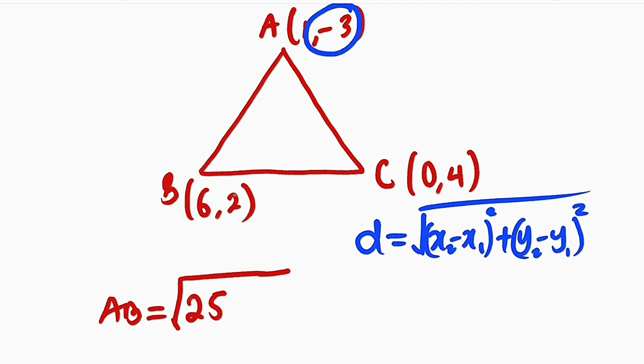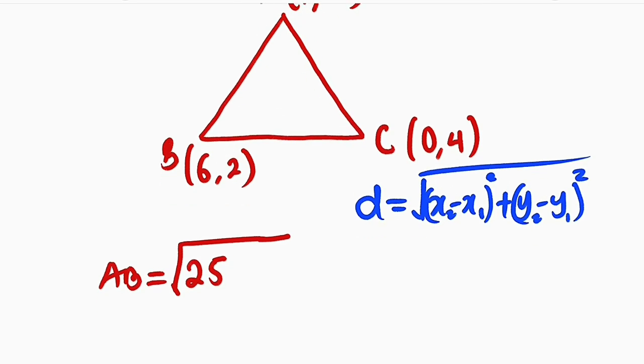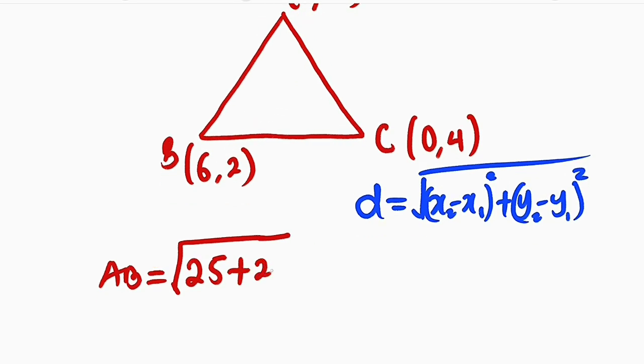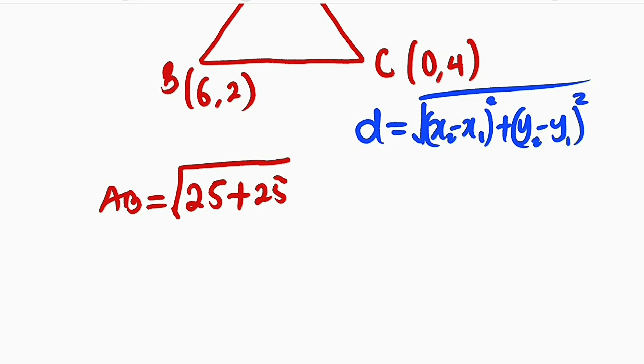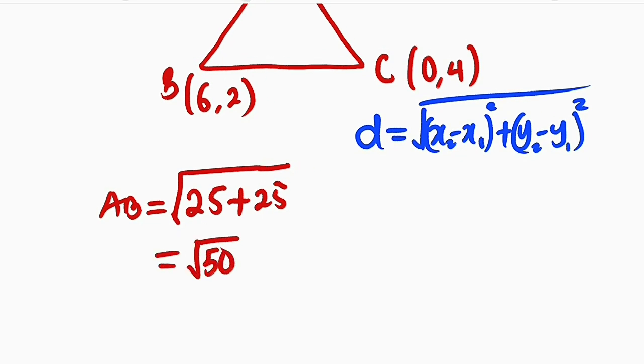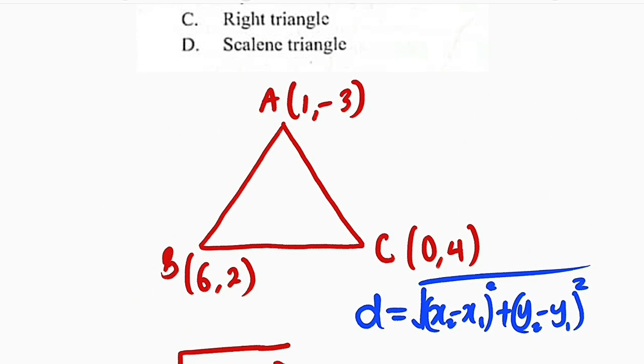Then minus 3 minus 2 is minus 5. Minus 5 squared is also 25. So we have 25 here. 25 plus 25 is 50. So we have square root of 50. Then let us find the other distance. Let me even write it here, square root of 50.